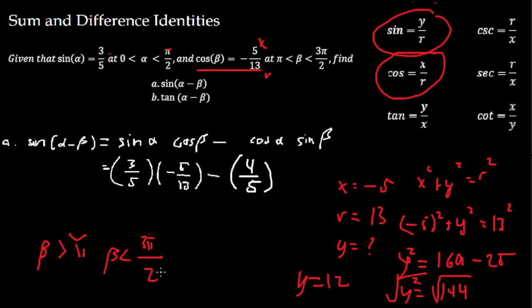Now, anong quadrant yung angle greater than pi or greater than 180, but the angle is less than 3 pi over 2 or 270 degrees? Yes, it's in quadrant 3.